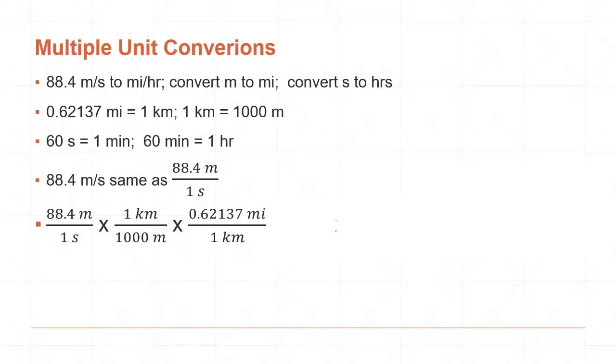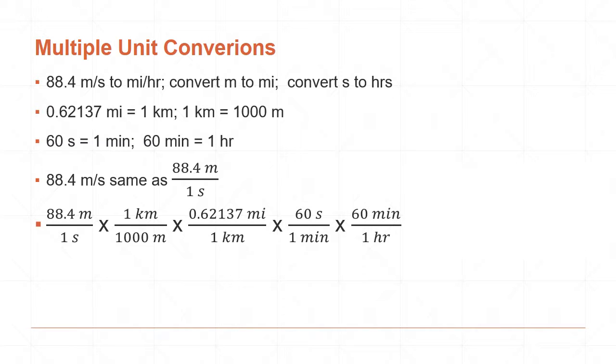Now I'm going to convert my time units. I have the 1 second over here that I need to go away, and I need to replace it by an hour. So we'll take the first step, my 60 seconds over 1 minute, based on this equivalency. The seconds will cancel. Now I need to convert minutes to hours.